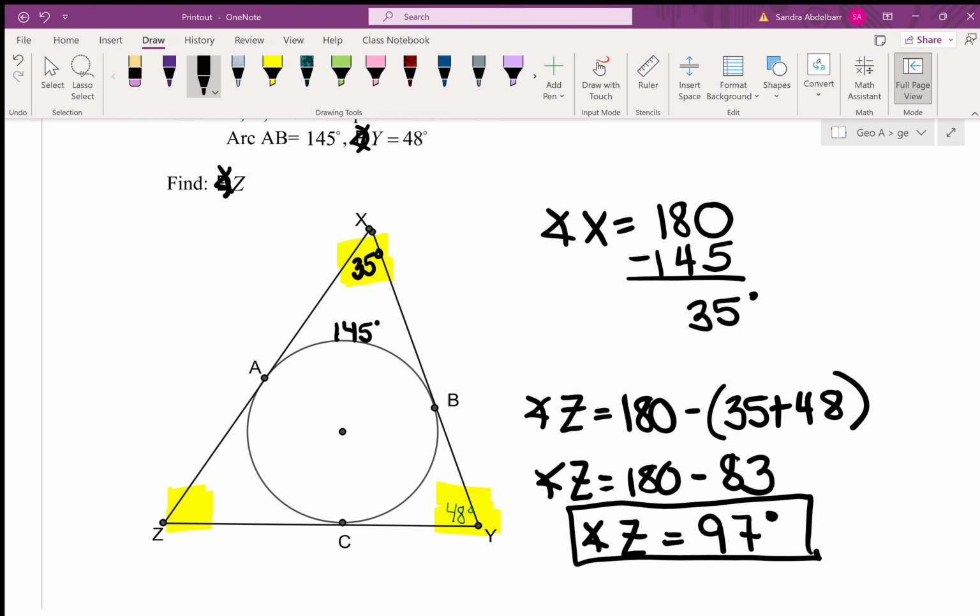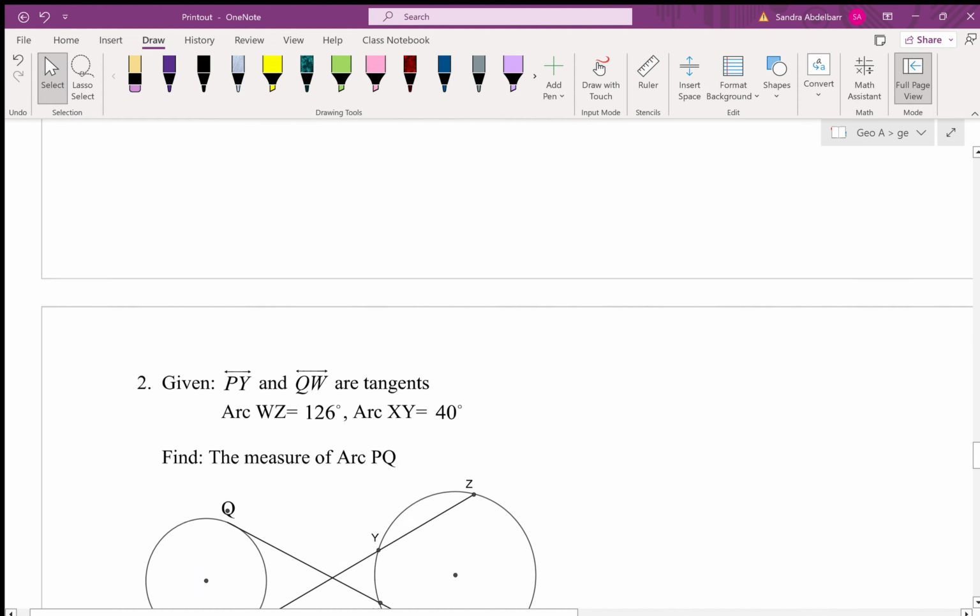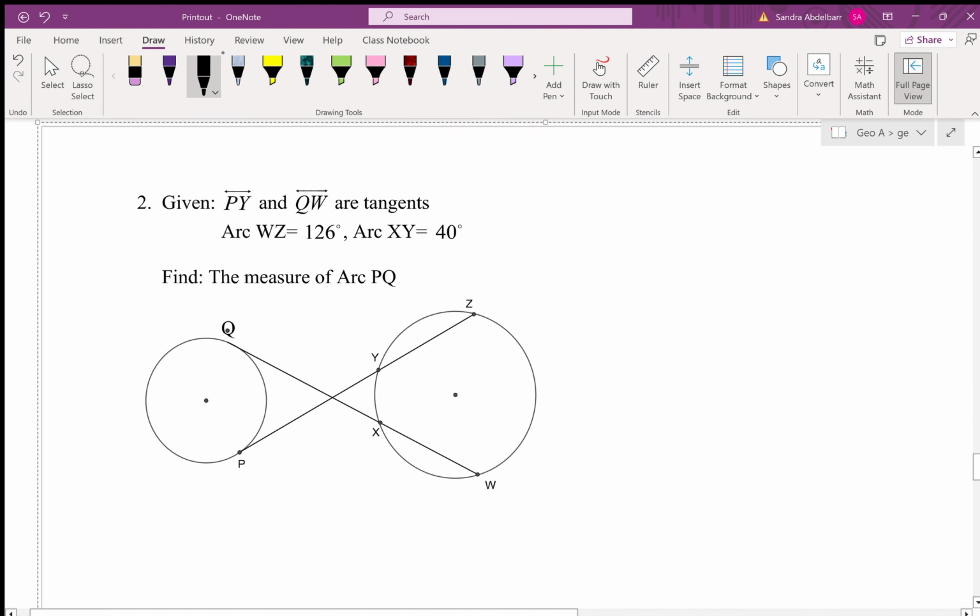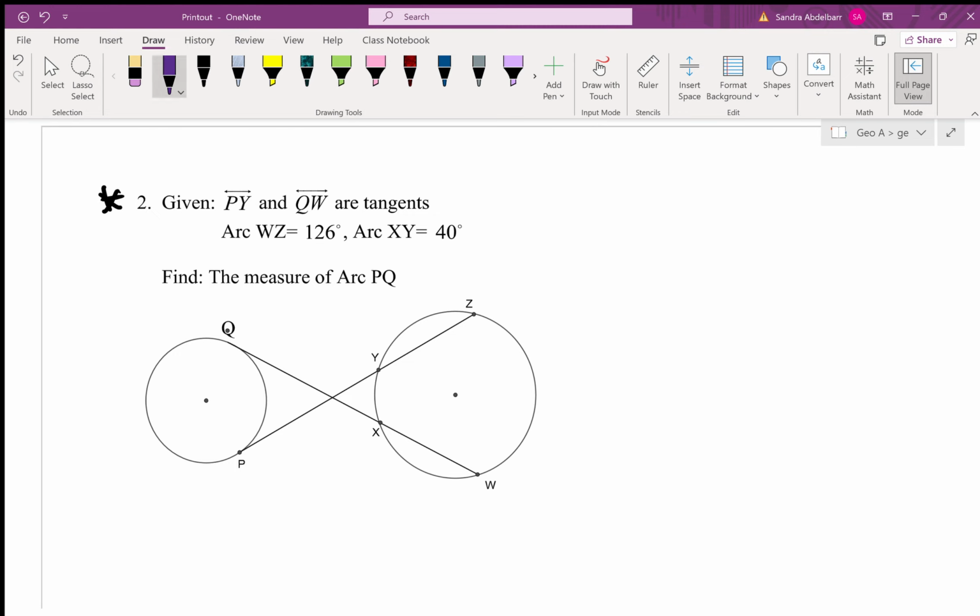All right, so this is a great problem. Let's put a star on this. I'm going to put a point here in the middle. Let's call this point T so I can reference it.